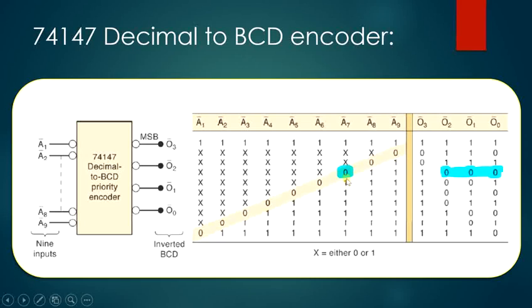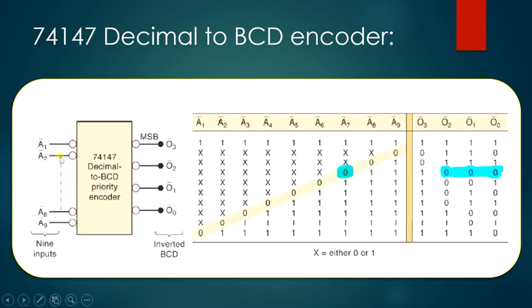Such devices are generally used in order to interface a numeric keypad to a microcontroller or a computer. And these don't care terms that you have seen here can be either 0 or 1.